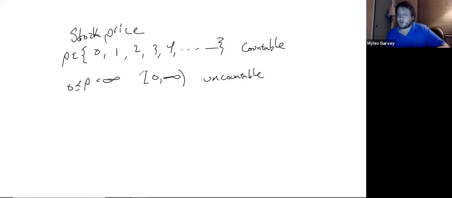Is there an in-between here? Sure. You could consider dollars and cents, and with cents to two digits, that's still technically speaking a countable set. Would you model that mathematically as countable? No, you would actually model that as uncountable, because the math is just a little bit more elegant when it's uncountable.